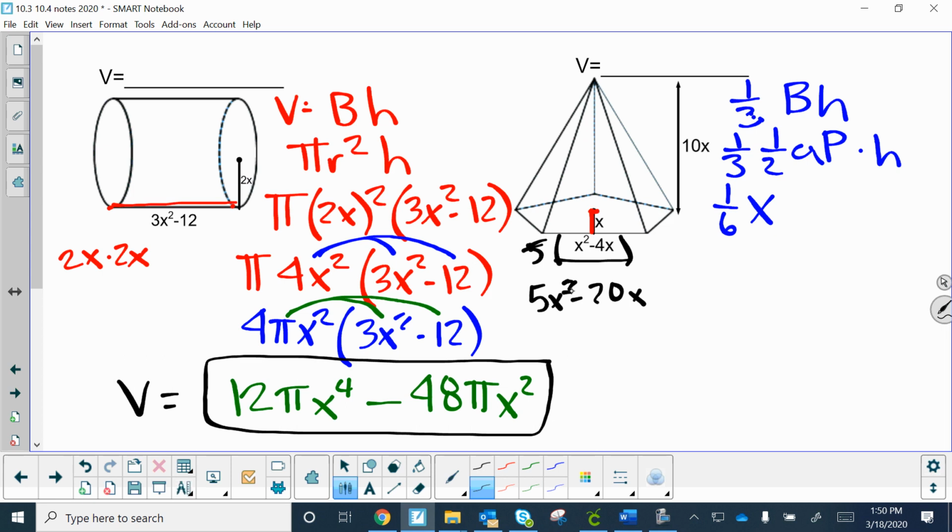Okay, so let's go ahead and plug that in. 5x squared minus 20x. And then the height is 10x.